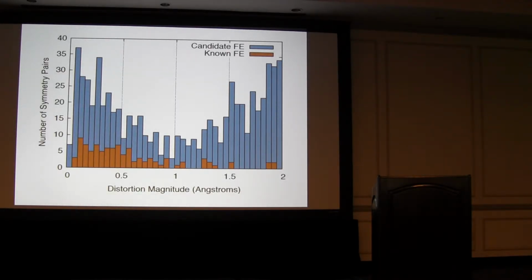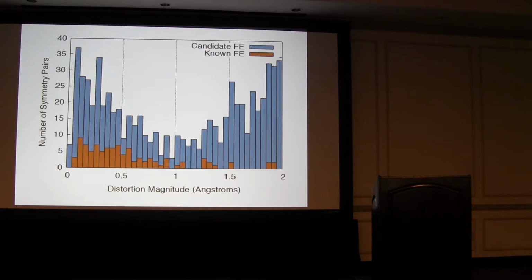Okay, so we move to the results. This is a histogram of all symmetry pairs as a function of distortion magnitude. In orange, we have non-ferroelectrics, and in blue, we have candidate ferroelectrics. And we find that all non-ferroelectrics locate mostly between 0 and 1 angstrom.